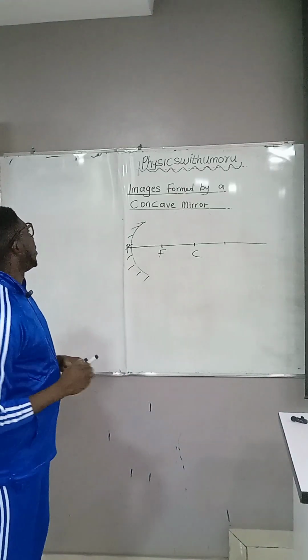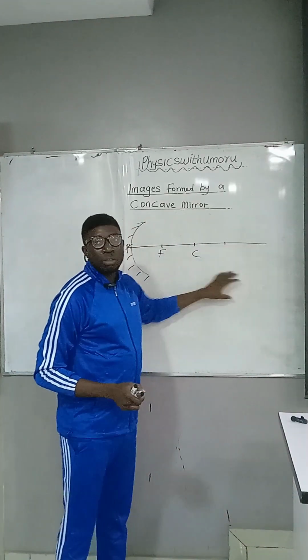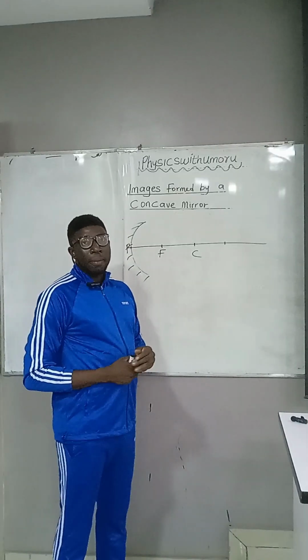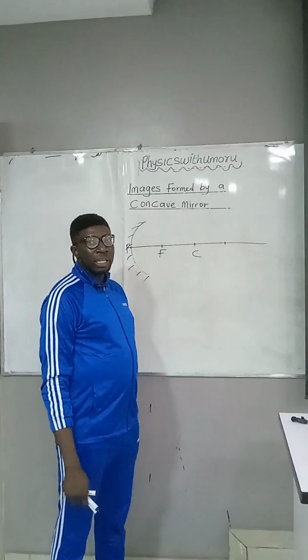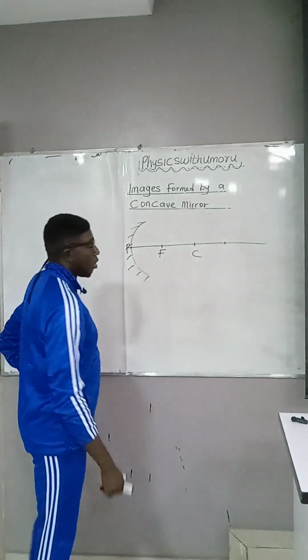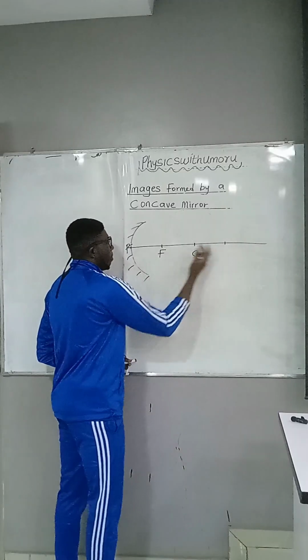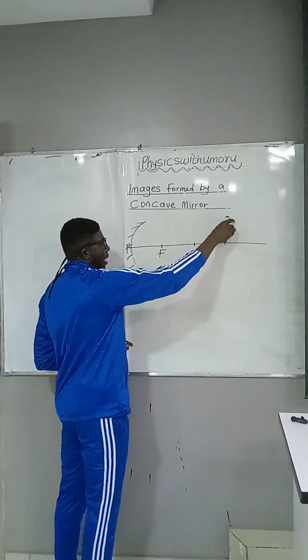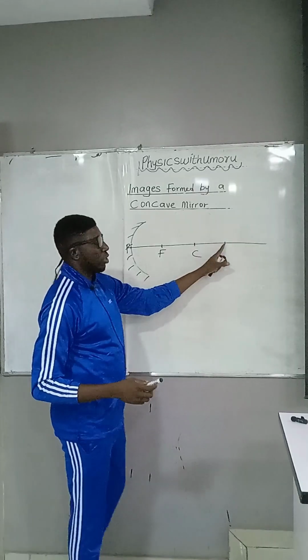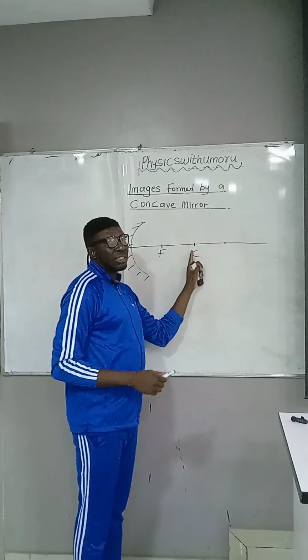Okay, so we want to use this to determine the properties of the images formed by a concave mirror. So we are going to be placing the object at different positions here. One, we are going to place the object here, which is a point that is beyond the center of curvature.